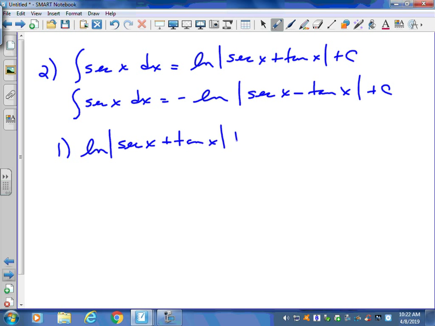Now, for you to know the rule, tell them how to remember these, Autumn. What I told them about this one is secant always deals with secant tangent. When we thought of it before, the derivative of secant was secant tangent multiplied, right?